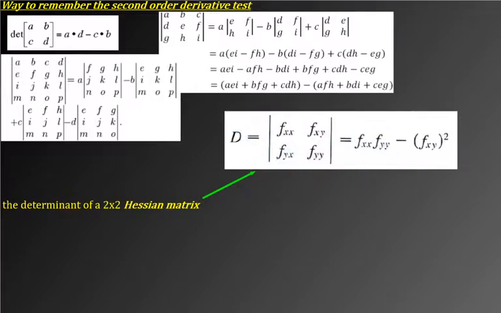Good news is it actually comes out of just a determinant, and we've seen determinants. We saw one where A is like i hat, and this is like j hat, and this is like k hat.